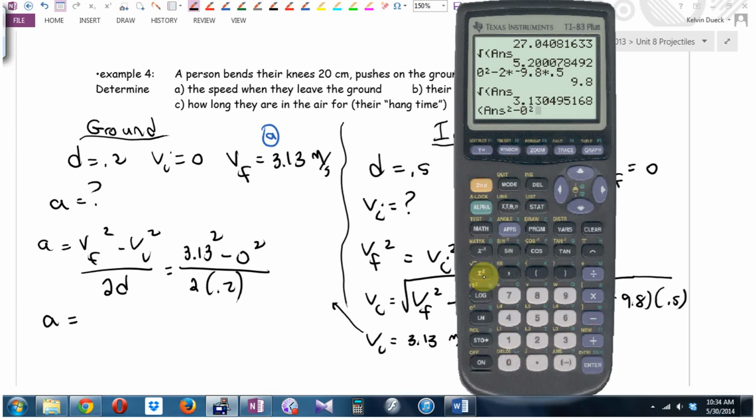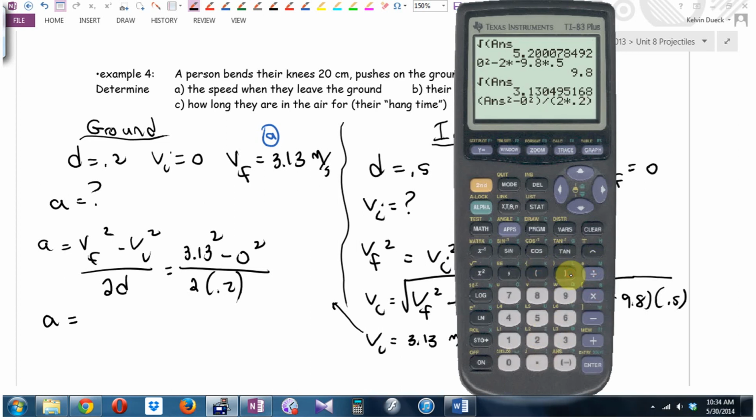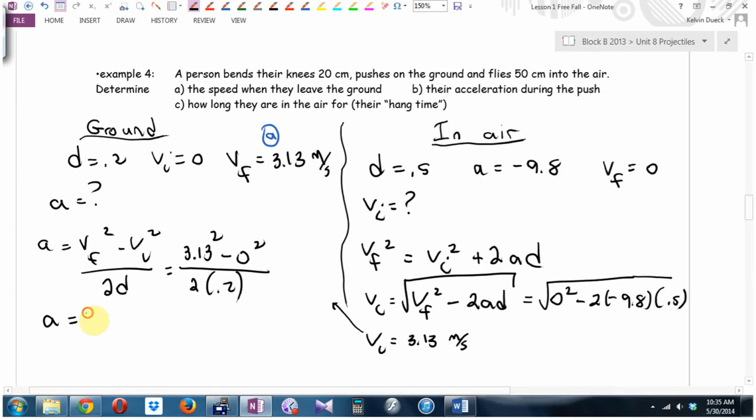I guess 0 squared doesn't make a difference. I probably didn't need to type that, but some of you get nervous if I don't show everything, so okay. All divided by 2 times 0.2. 24.5. Units, meters per second squared. Hey, that's my answer to part B.